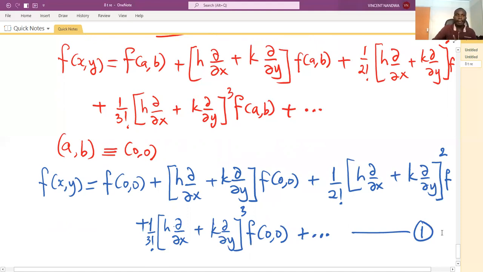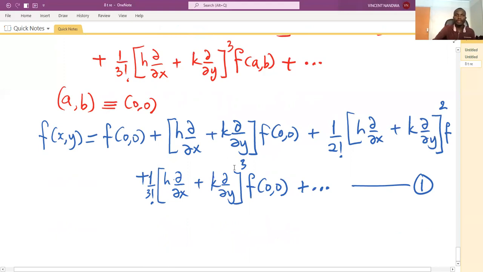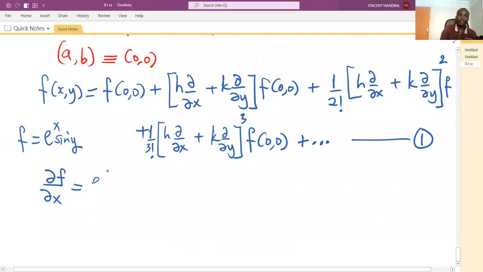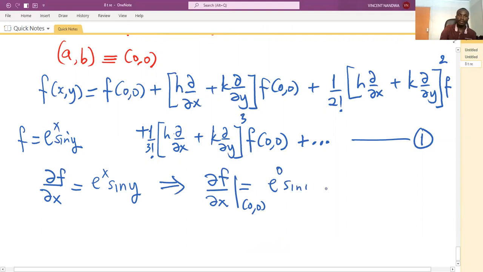So therefore, the thing will be now to find these derivatives. Remember, we need partial f partial x and partial f partial y. Remember, f is given by e raised to the power x sine of y. So partial f partial x is e raised to the power x sine y, which means partial f partial x at (0, 0) is e raised to the power 0 sine of 0, which is just 0.